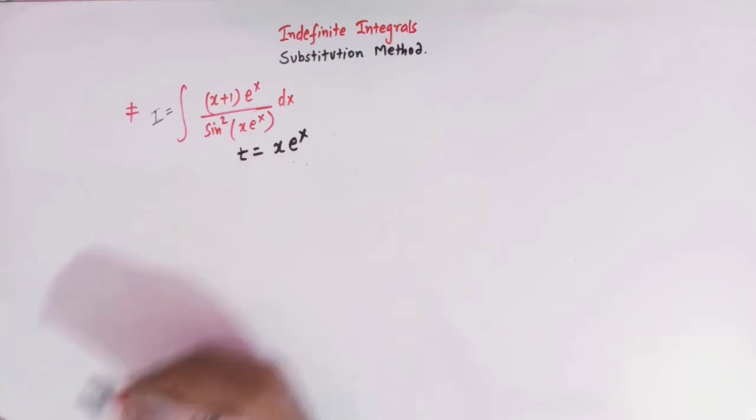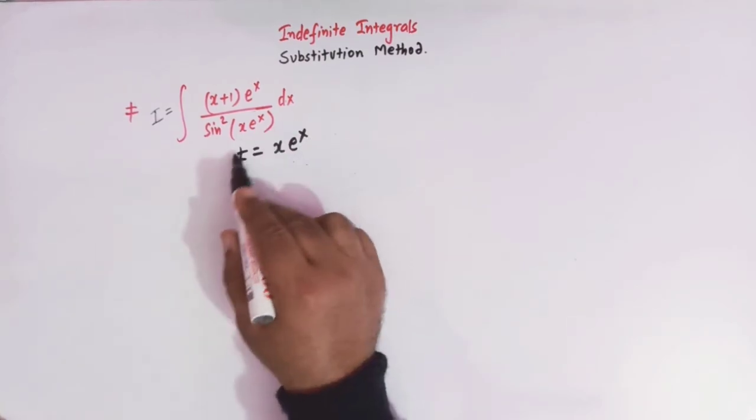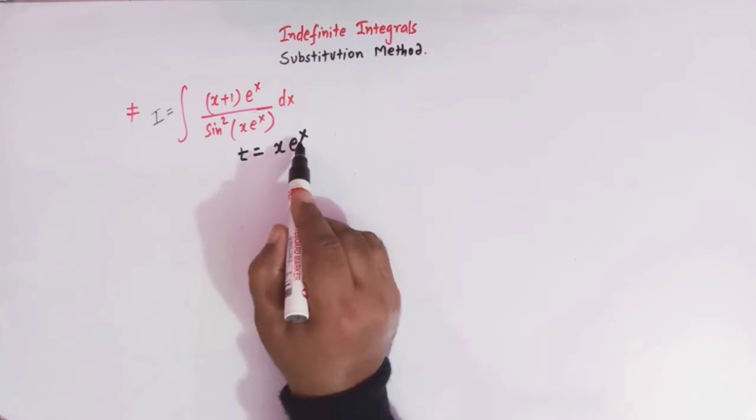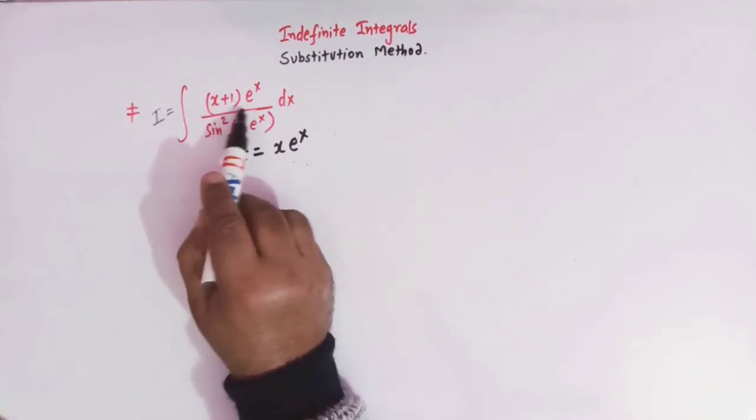And from the theory of differentiation we can realize that the derivative of this function, that is x times e raised to x, is present in the numerator, right?